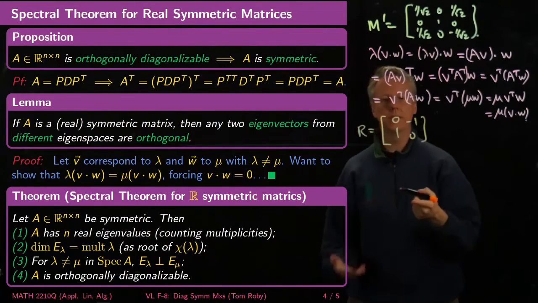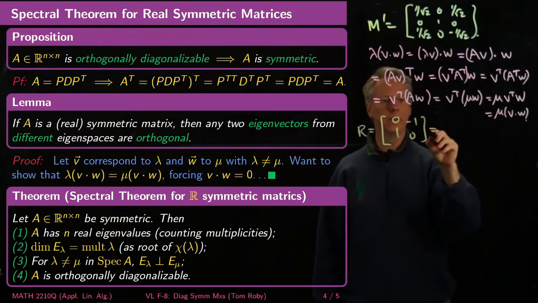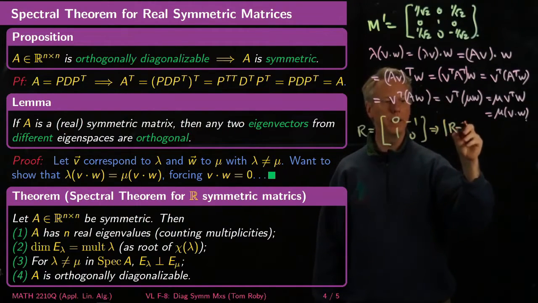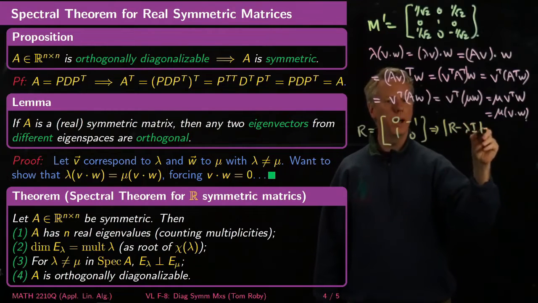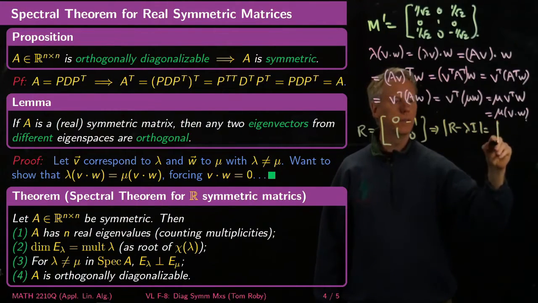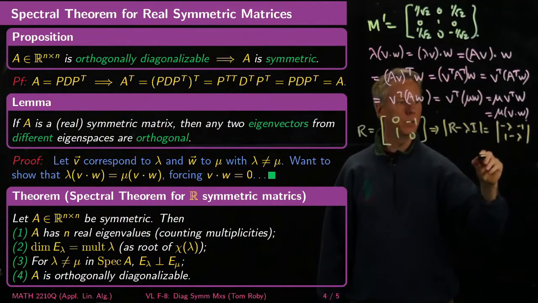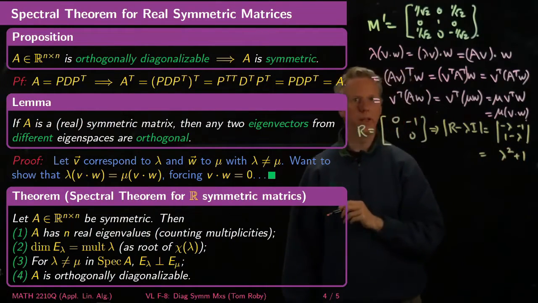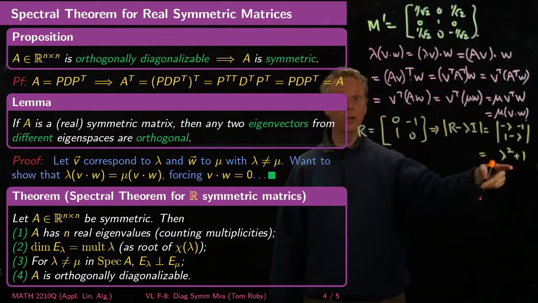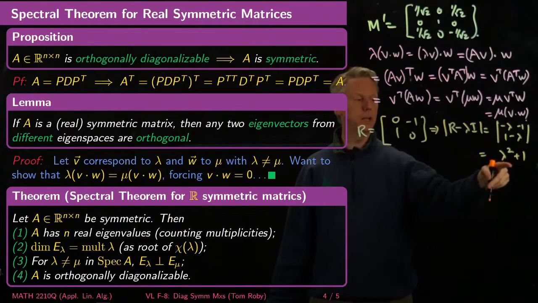Then what's its characteristic polynomial? The determinant of R minus lambda I is the determinant of the matrix with rows (-lambda, -1) and (1, -lambda), and that's equal to lambda squared plus 1, right? Any eigenvalue has to be a root of this polynomial, but there are no real roots.